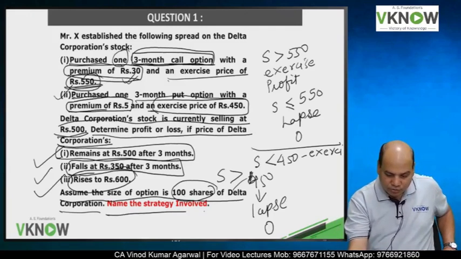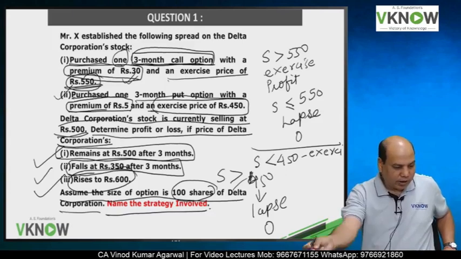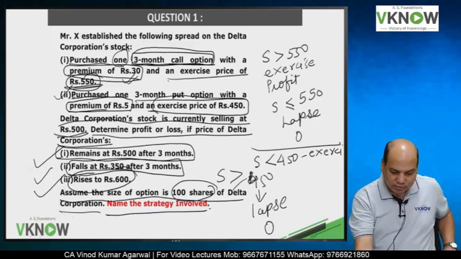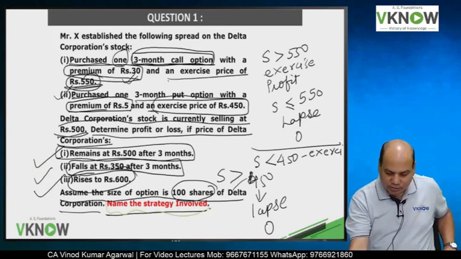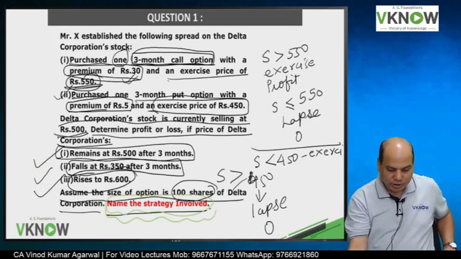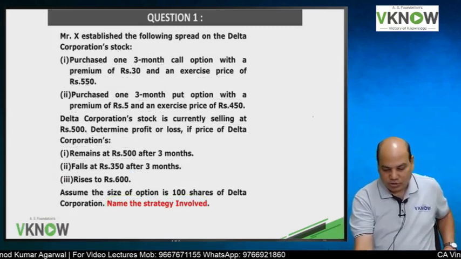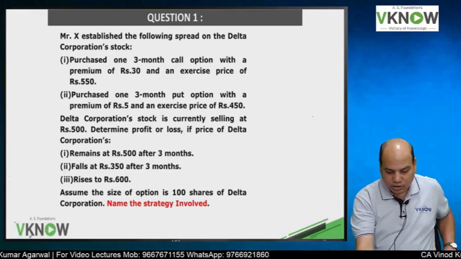One more line. Name the strategy adopted. Add this from my side. This I have added. Name the strategy adopted. So if you have studied this chapter, you can answer what is the strategy adopted.